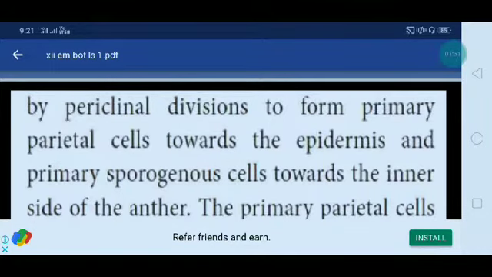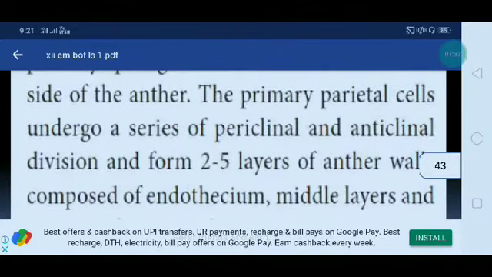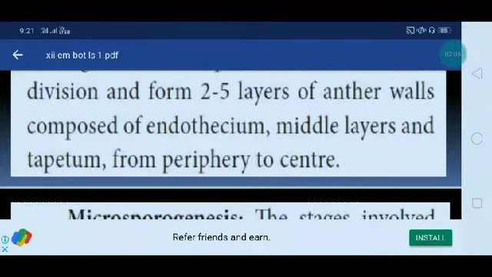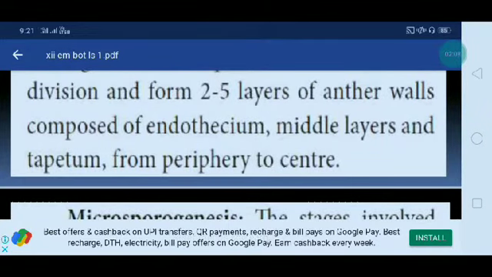The primary parietal cells undergo a series of periclinal and anticlinal, transverse and vertical divisions and form 2 to 5 layers of anther wall composed of endothecium, middle layers and tapetum, from the periphery to the center.